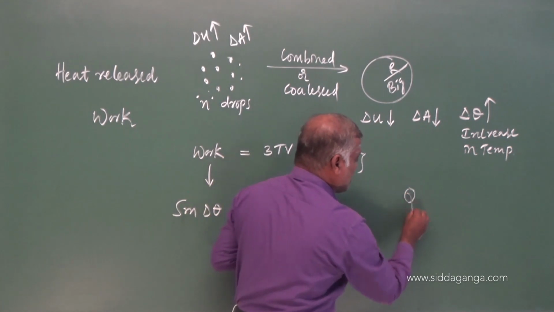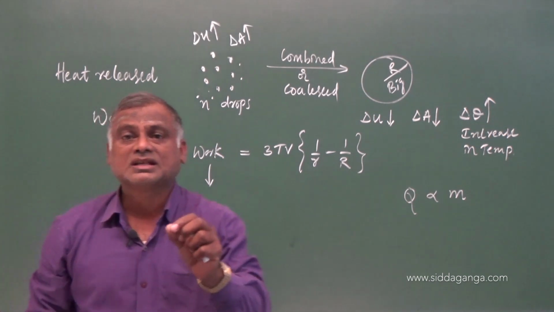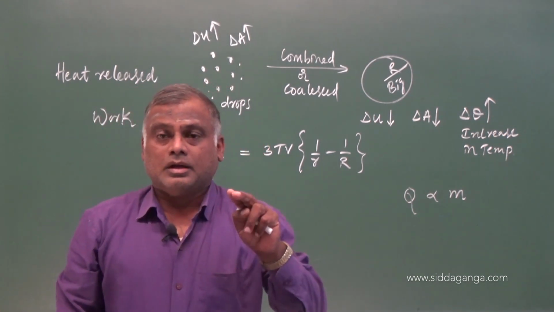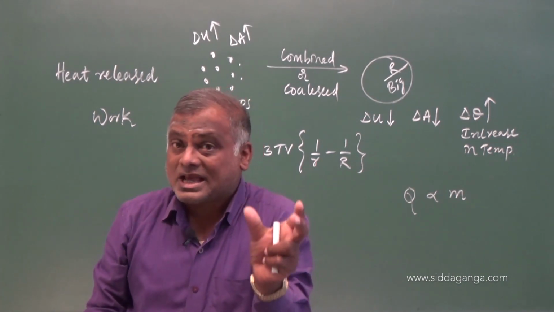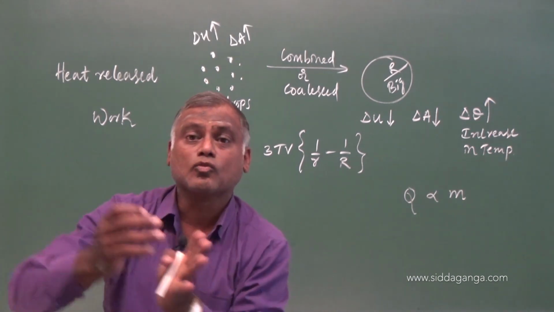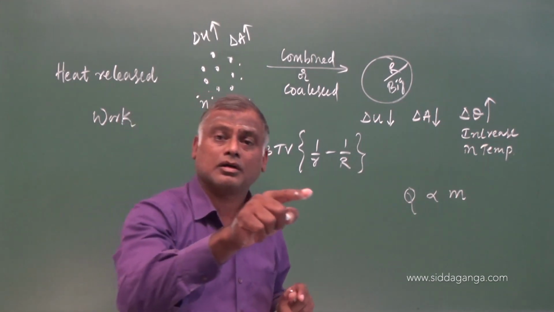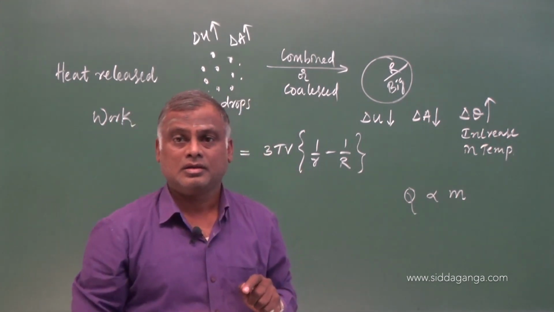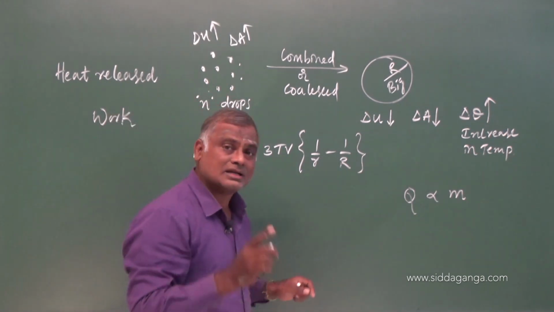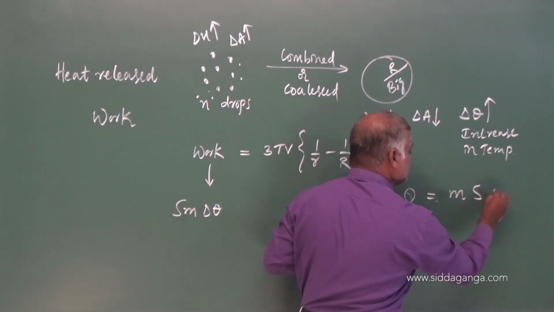The amount of heat required depends on the mass of the substance. To raise the temperature of 1 kg of water versus 5 kg, say 5 liters of water, which is heavier, you need more energy. To heat 1 liter of oil and 1 liter of water, they differ. There is one term called specific heat, in m s delta theta.